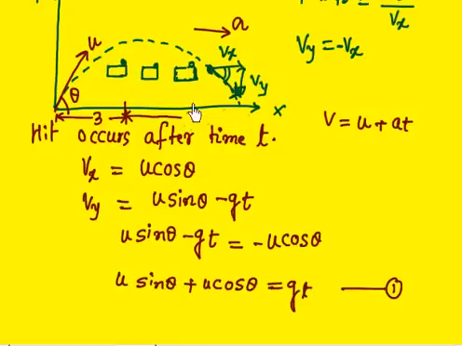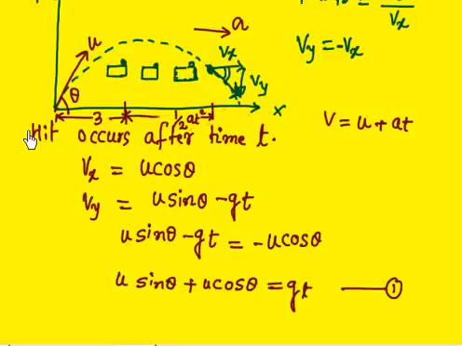So half at square distance is up to here only. So this is the point where you have half at square. Are you getting or not? So this is the distance that is equal to half at square.